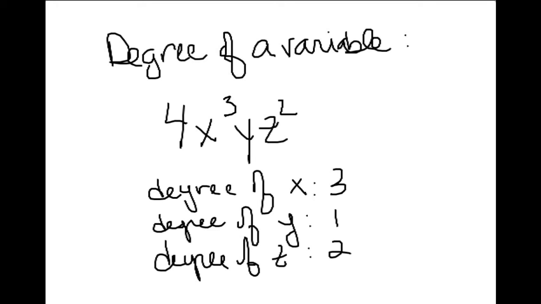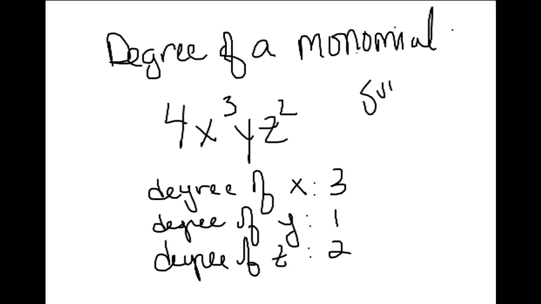So if I look at the variable, the degree of variable x is 3. But sometimes I might want the degree of the monomial. So this is the degree of the variable. If I want the degree of the monomial, it's the sum of the degrees of the variables.